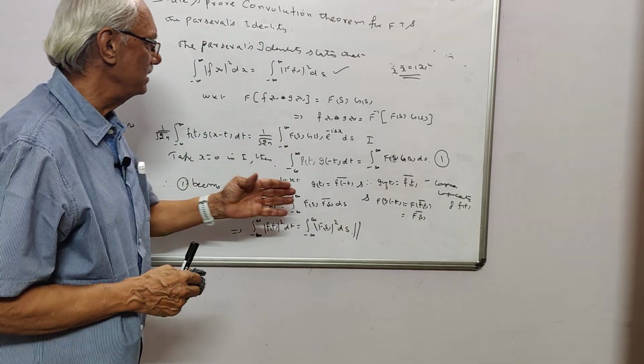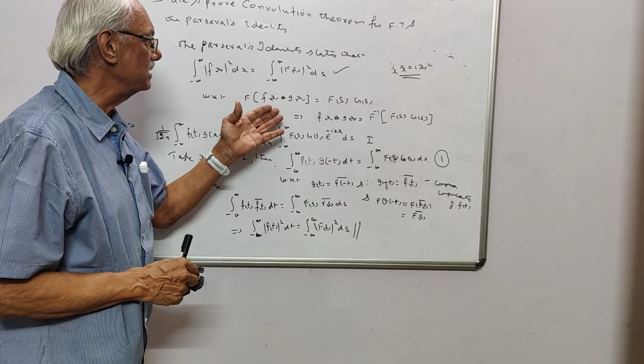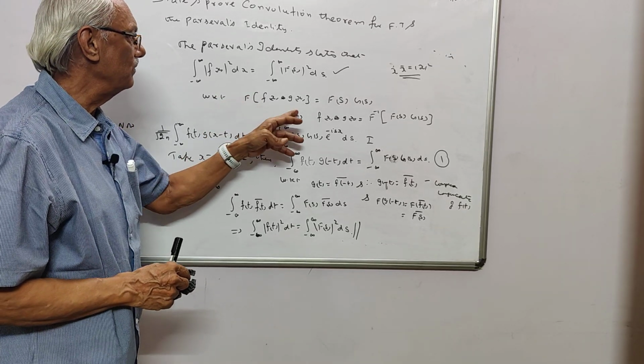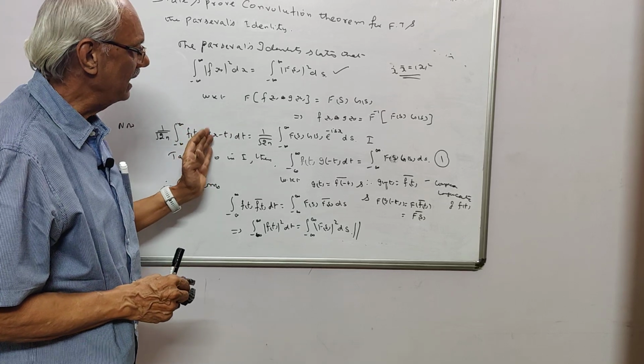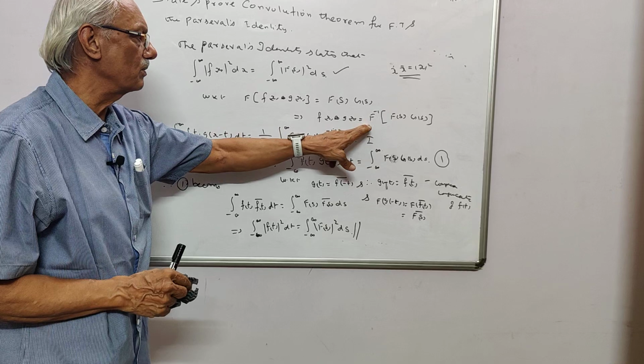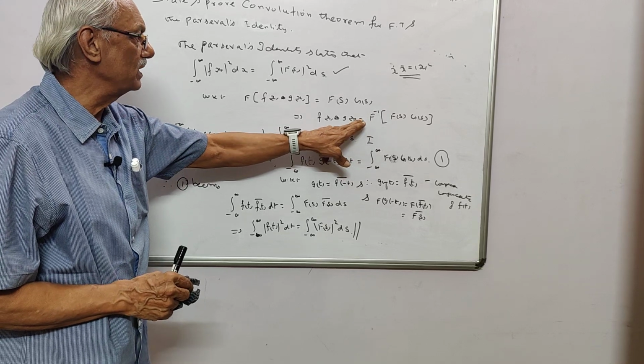To prove this Parseval's theorem, necessarily you must know the meaning of the convolution of two functions, and the Fourier transform of the convolution of two functions is this.